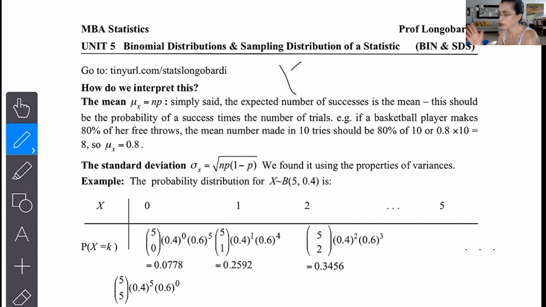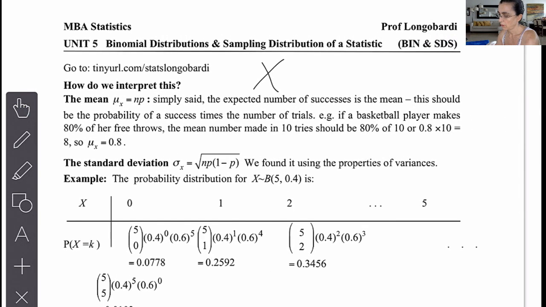You can watch another video on this on my channel. So whenever I say this, you can watch in StatsLongobardi. You can watch a video on this page as well. So I want to know about the distribution of x. What is the distribution of x? What is it distributed as?